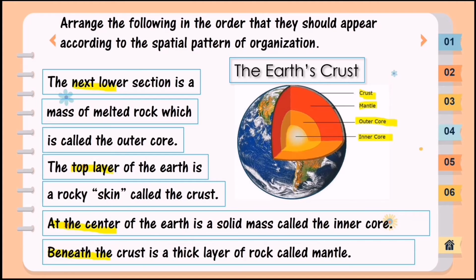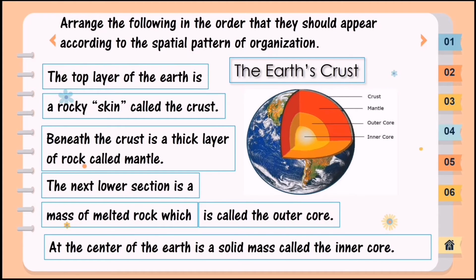The top layer of the Earth is a rocky skin called crust. Next is, beneath the crust is a thick layer of rock called mantle. Correct. The next lower section is a mass of melted rock, which is called the outer core. Right.